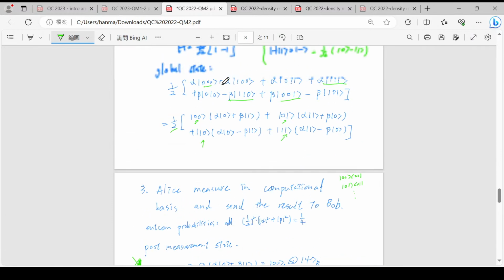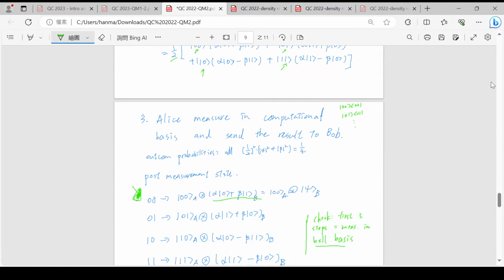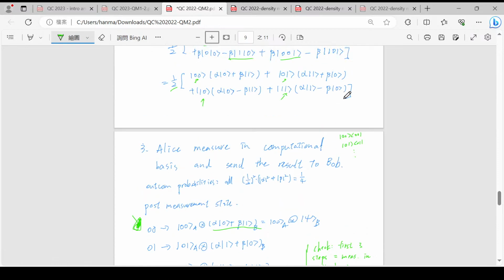Okay, yeah. So if you get the 0, 0 outcome, then your post-measurement state is, well, the first 2 qubits get projected into 0, 0, and the third qubit is this alpha 0 plus beta 1.